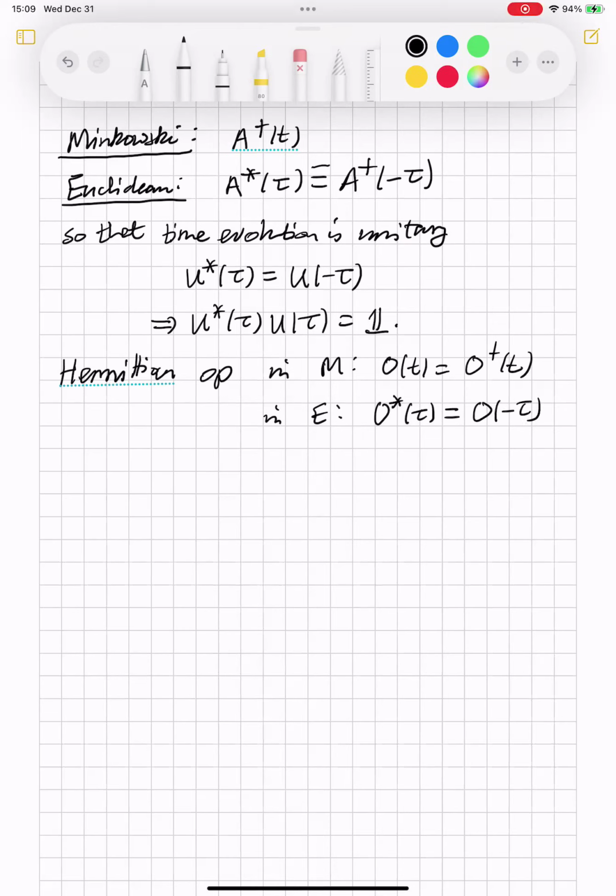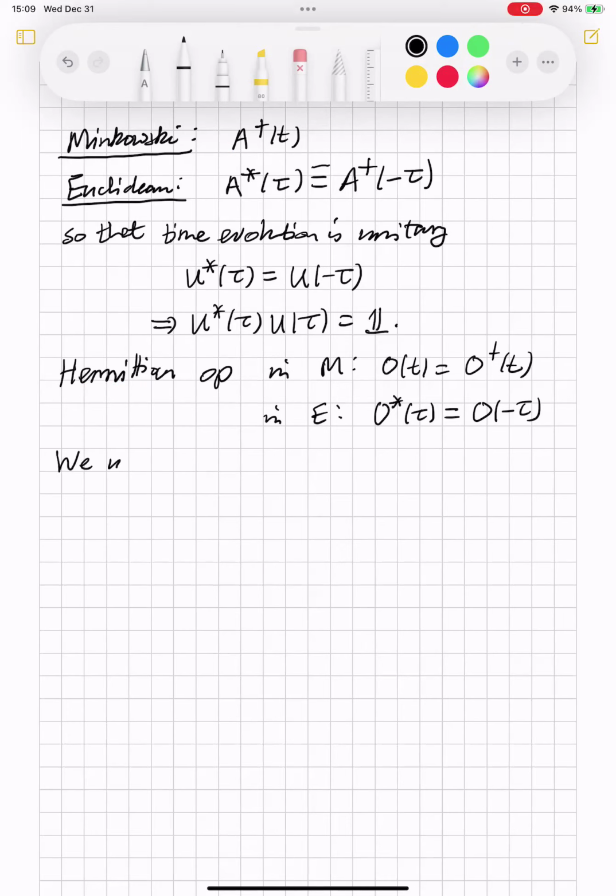So once again, you can check this just by using the definition that we've given above, but it's good to think through these simple things so that you get some familiarity with our new definition of the dagger.